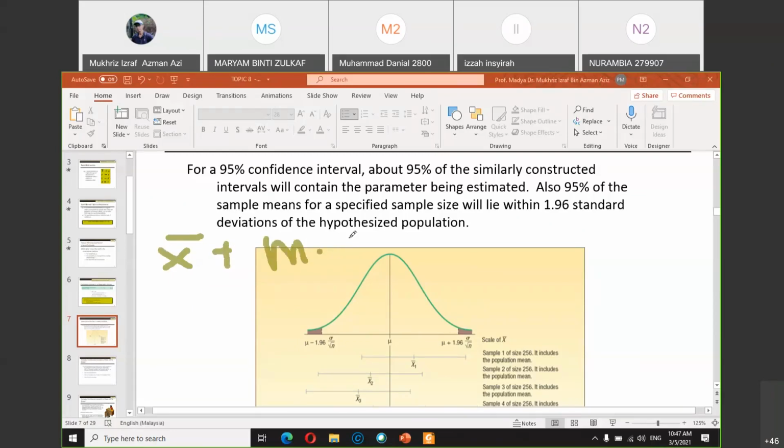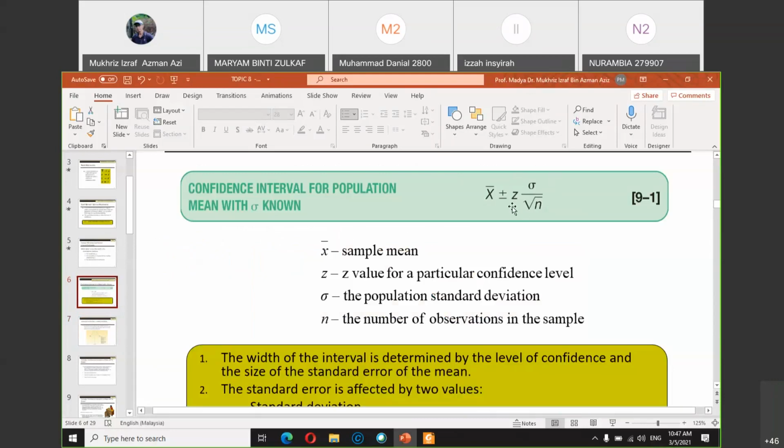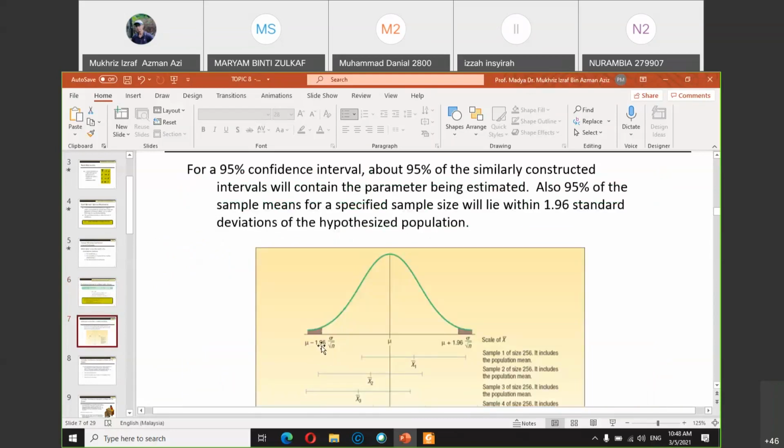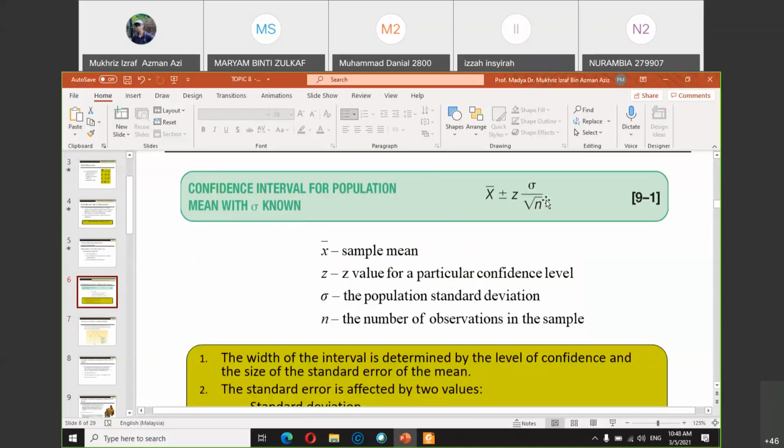And the margin of error, if you refer to the previous slide, is basically this part: Z multiplied by sigma divided by the square root of n. In the next step, Z shows to be 1.96. So how do you get 1.96 in the first place? The rest will be given to you.